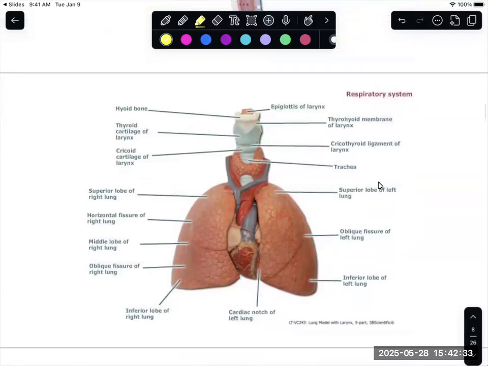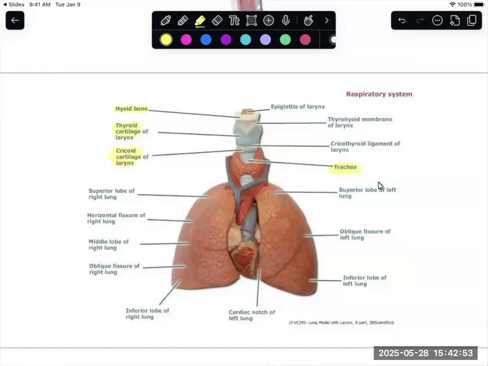So here we can see that whole thing going down. We have that hyoid bone, that thyroid cartilage, that cricoid cartilage in the front. You see that trachea with the C-rings. But here we can see the parts of the lungs. So let's look at the external part of the lungs first.